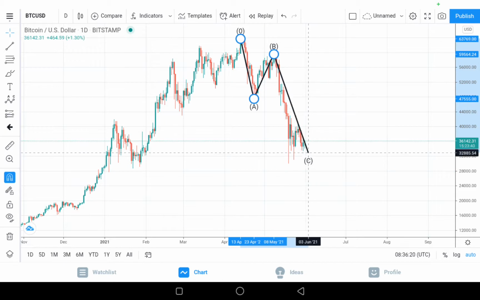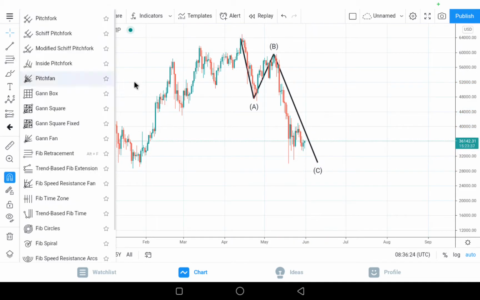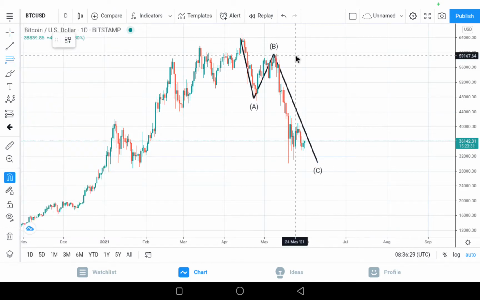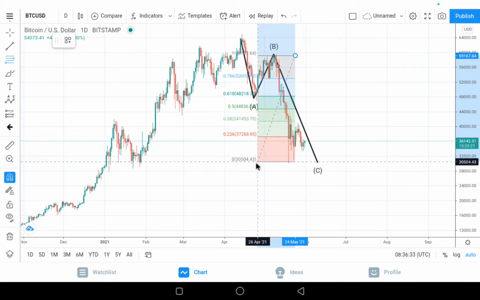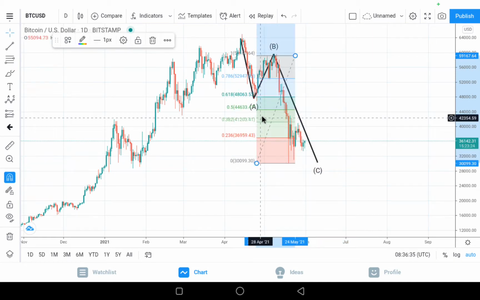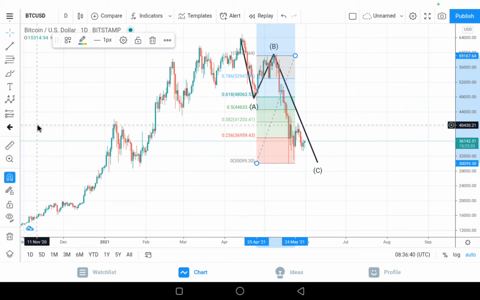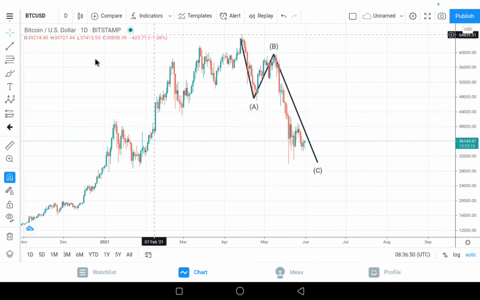If you make a Fibonacci retracement of this B to C, you would realize that we are... how can I explain it without making it so complex? All right, no, let me do that. I used the wrong tool.